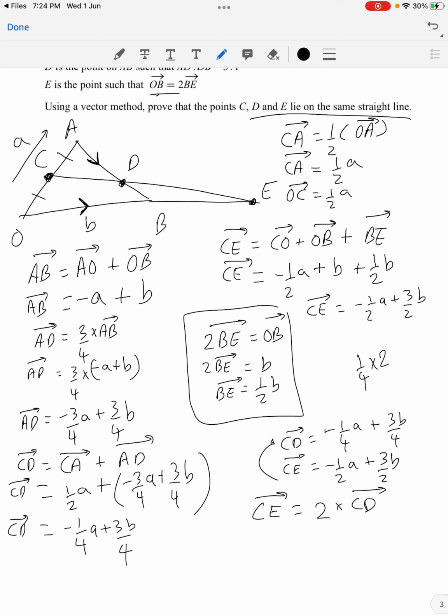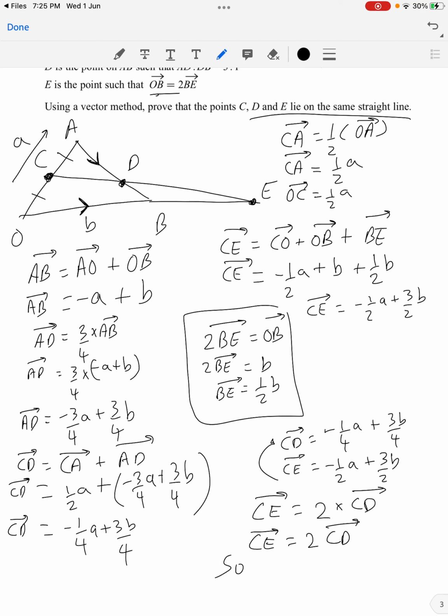The reason is that if you look at the quarter in CD, quarter times 2 is equivalent to 2 by 4, which simplifies to half. And that is equivalent to what CE stands for, right? So that gives you a clear picture that CE is equal to twice of CD. So you're just going to write that CE is twice CD.